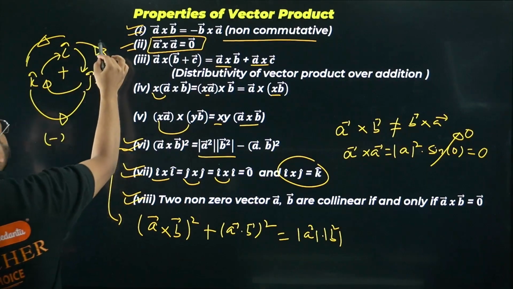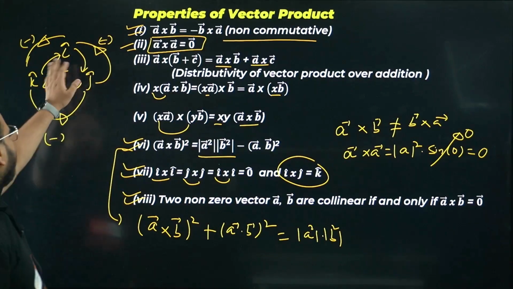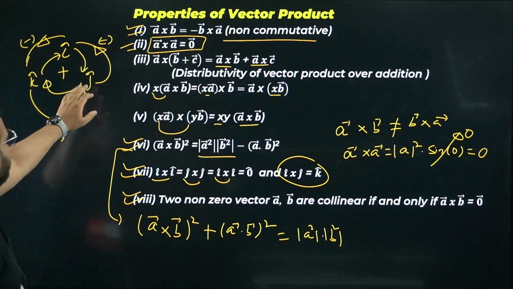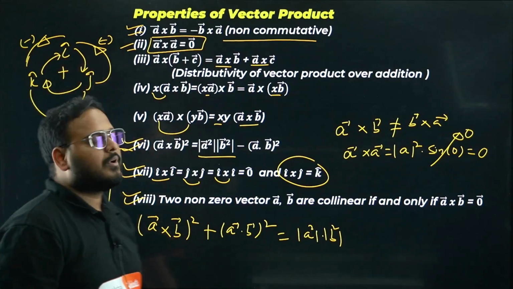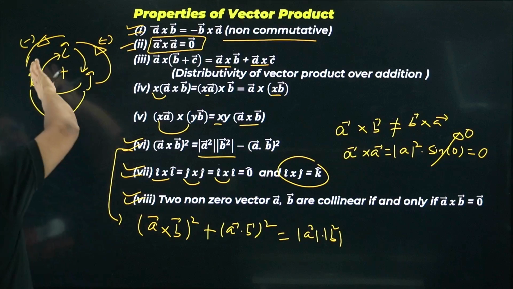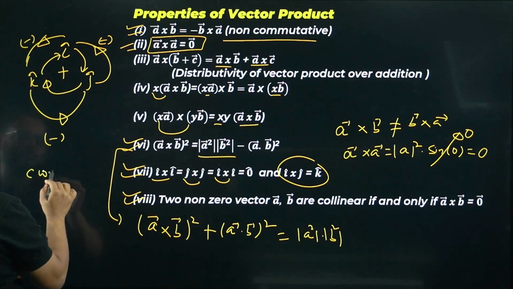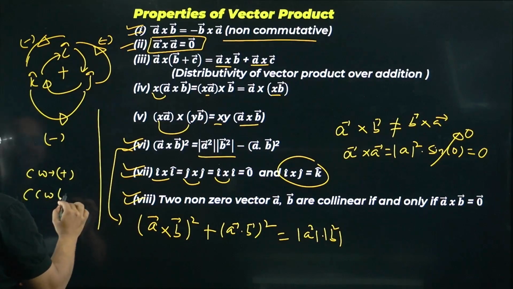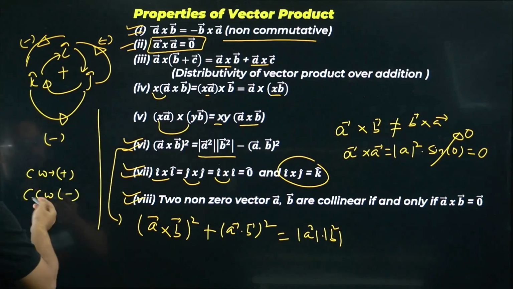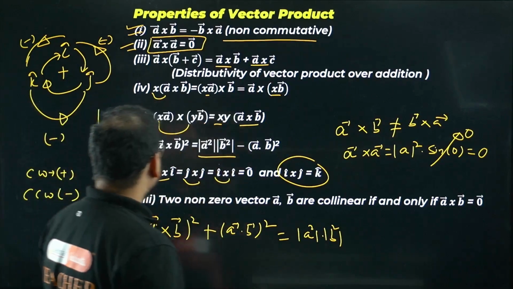So minus, minus and minus. If you're doing I to k, you'll reach minus j. If you're doing j to I, you reach minus k, like that. Please remember, if you go clockwise you have positive, but if you go counterclockwise, or anti-clockwise, you get negative. Please check. Done.